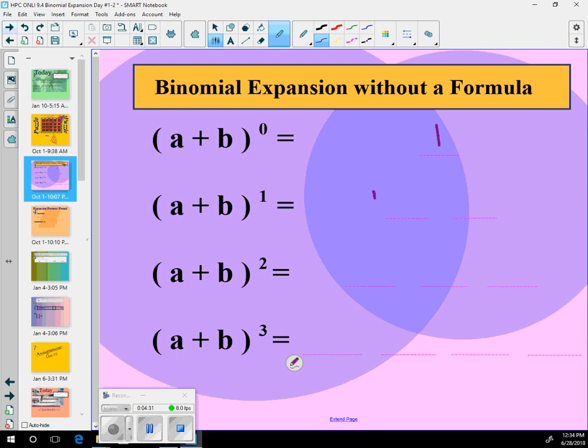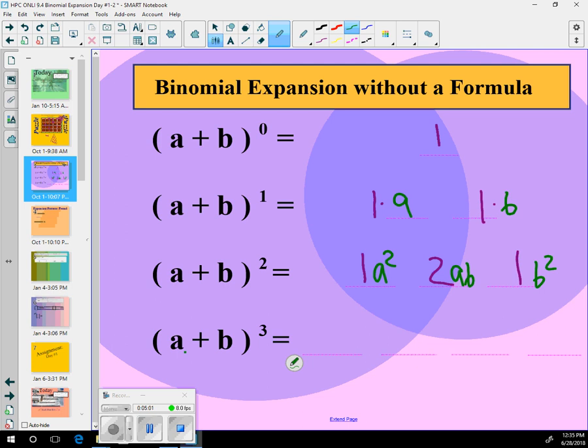Well, that's going to be 1A plus 1B, right? A plus B to the second is going to be 1A squared plus 2AB plus 1B squared. And those are added, of course.